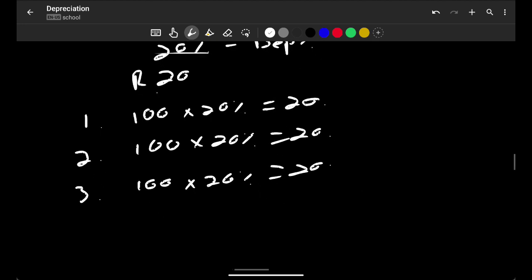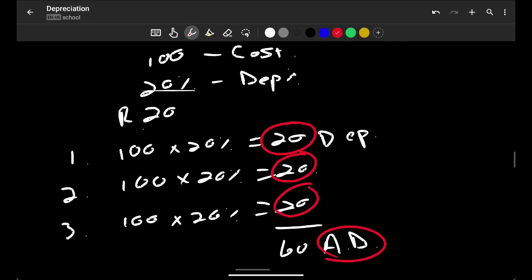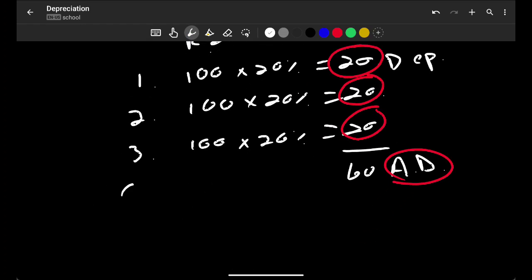You see how it's going. Now, this is your depreciation for each year. And when you add your depreciation every year together, you get your accumulated depreciation of 60 rand. Your accumulated depreciation is year 1 depreciation plus year 2 plus year 3 and so on and so forth. That is your accumulated depreciation, right? So this is straight line. Straight line is simply cost multiplied by your depreciation percentage.